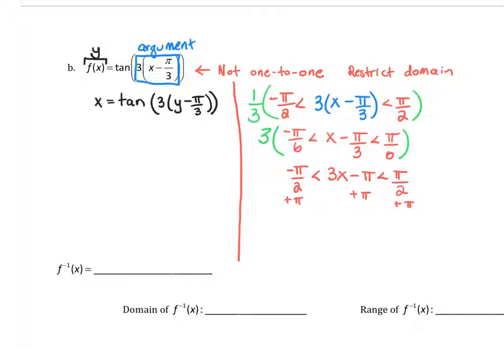Negative pi over 2 plus pi gives me pi over 2 is less than 3x is less than 3 pi over 2. And then I am going to multiply both sides by 1/3 in order to get the x by itself. So I get pi over 6 is less than x is less than pi over 2.